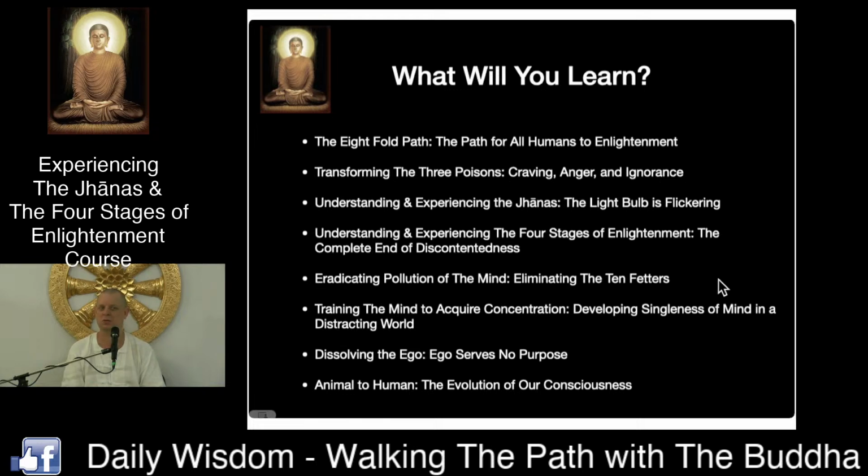That way you're gaining some understanding of these fetters, but ultimately it's the retreat in August that's going to go into the most detail. These are the 10 pollutions that the Buddha discovered that are hindering the mind from experiencing enlightenment, and it's understanding these and eradicating them from the mind that produces the enlightened mind itself.